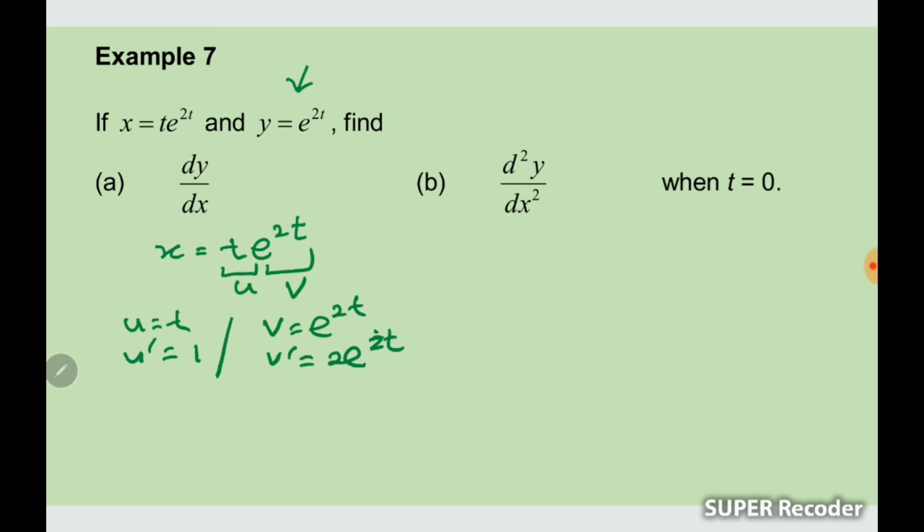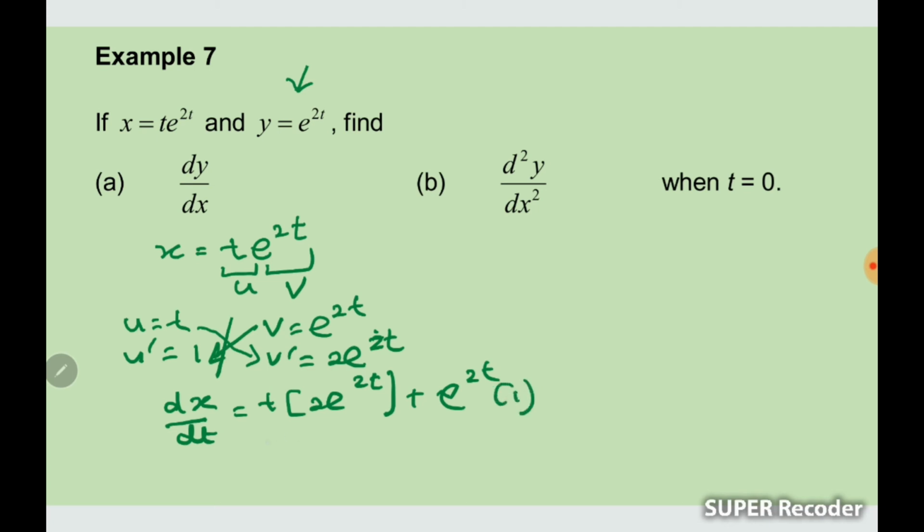Okay, so now we want to find out what is dy/dx. dx/dt is equal to u v prime plus v u prime. You have to multiply u with v prime: t multiplied with 2e^(2t), plus e^(2t) multiplied with 1. So you need to factorize e to the power of 2t here.